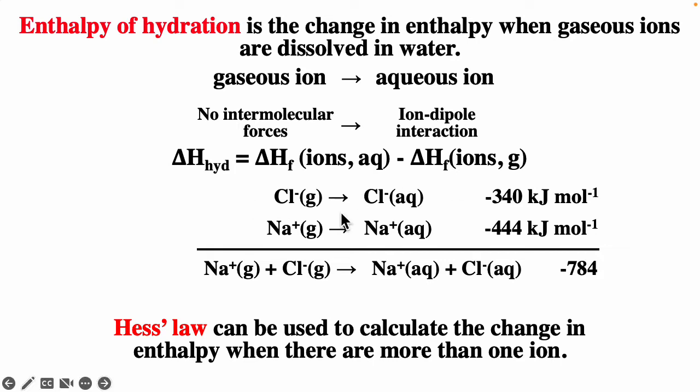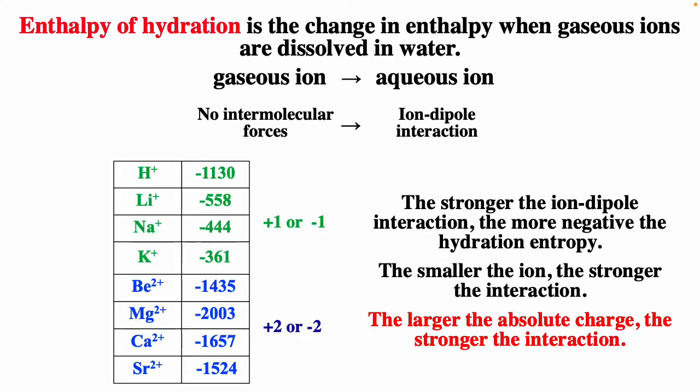Now, if you add enthalpies of hydration, you can actually get, for sodium plus ions and chloride ions going to sodium aqueous ions and chloride aqueous ions, again, that's just an illustration of Hess's law. Now, if we think about the ion-dipole interaction, the dipole is just due to the water, so it's not changing. And so you can think about it in terms of charge and size.